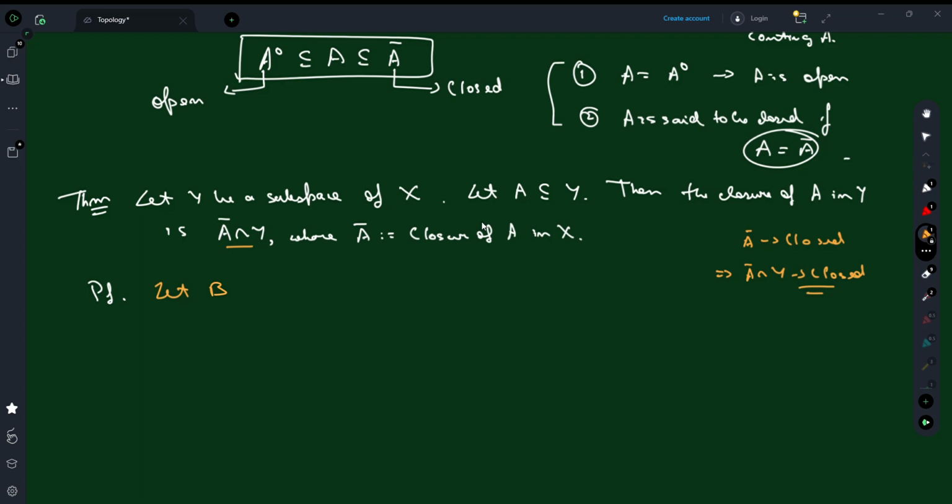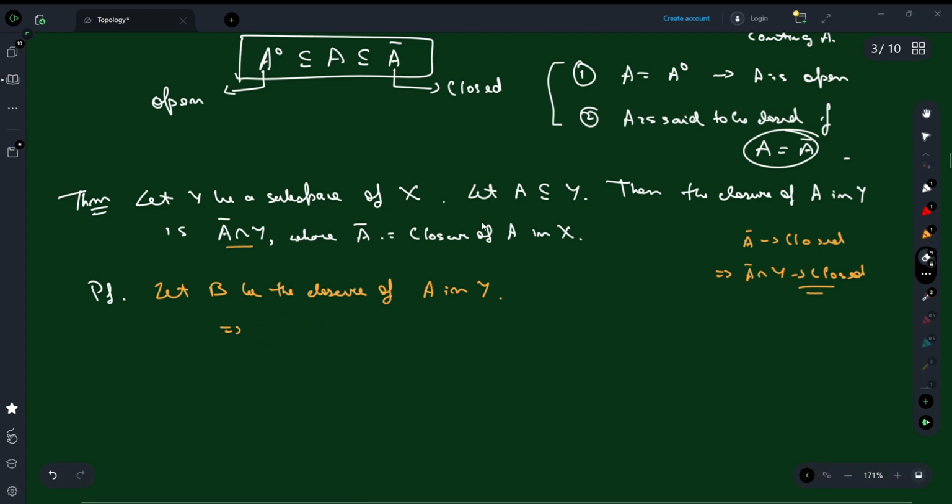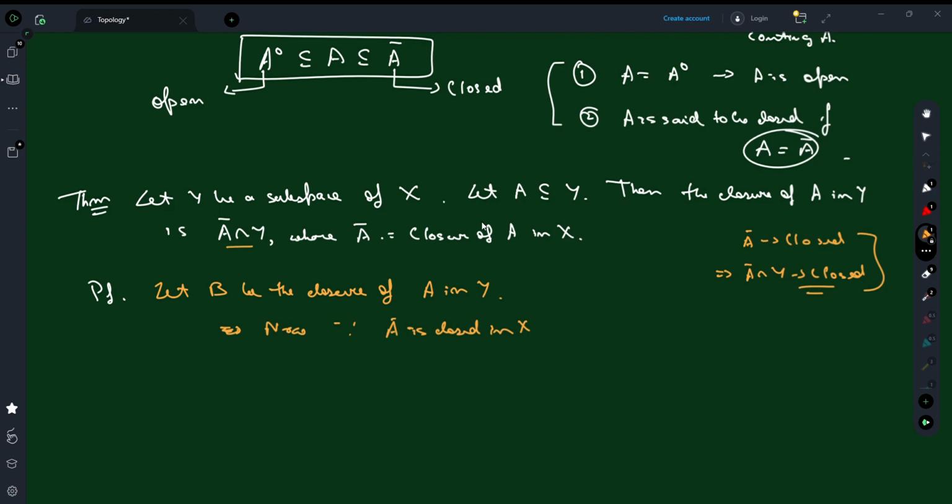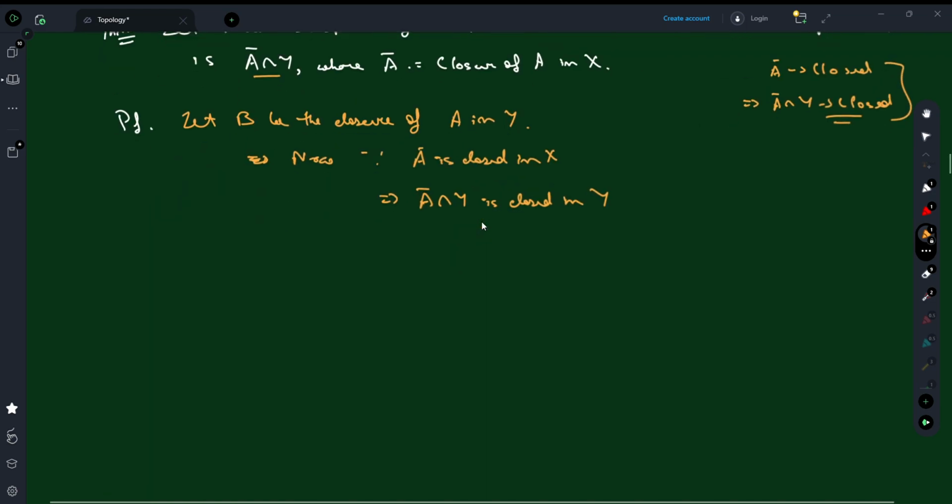So let B be the closure of A in Y. Now, since A bar is closed in X, which is the observation I had here, that implies A bar intersection Y is closed in Y, right?